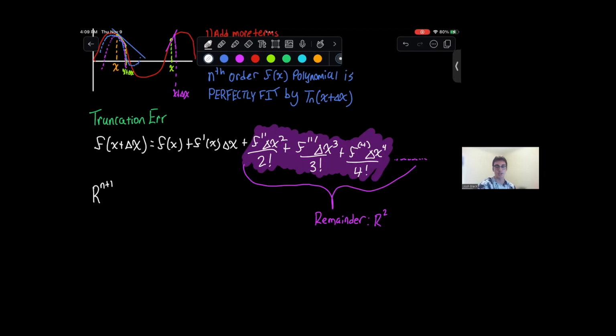R of n plus 1, which is the remainder that we have for an nth order polynomial, is equal to f to the n plus 1th derivative evaluated at some number, just some random number, multiplied by delta x to the n plus 1, divided by n plus 1 factorial. That is exactly a remainder term.